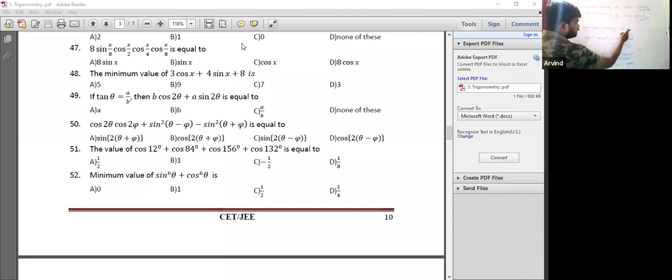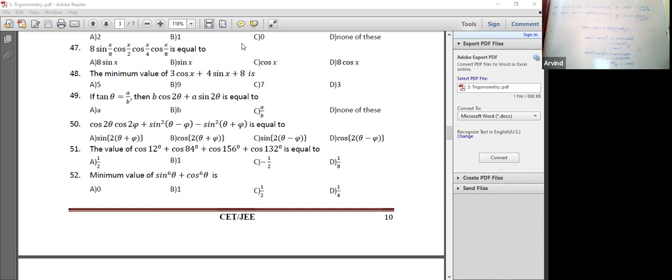I just subtracted it, I didn't divide by 2. If we divide by 2, cos 36 comes. So you'll be left with cos 36. I've given you the values of cos 72 and cos 36. Substitute them, you'll get the answer.